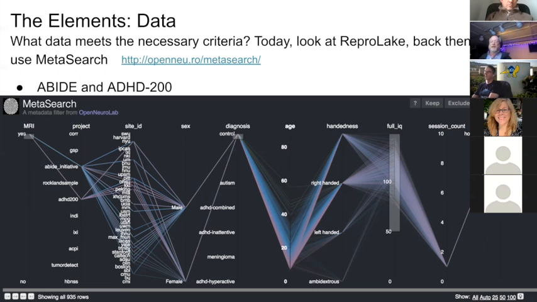But at the time, that gave us two data sources that were sufficient to make our observation, and provided 935 pointers to subjects that would fit this criteria of having imaging, being a control, and having IQ and sex annotated. So fine, that's how we, in this case, discovered ABIDE and ADHD 200. But again, that might be done differently going forward.